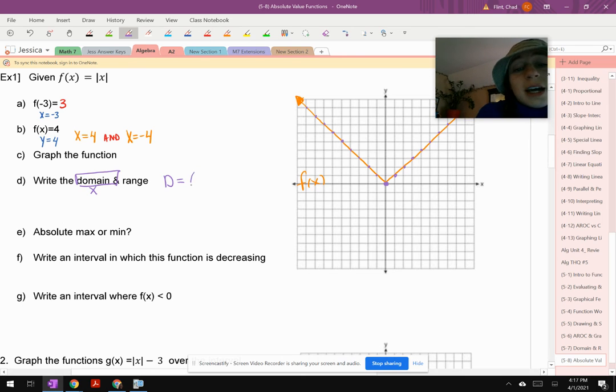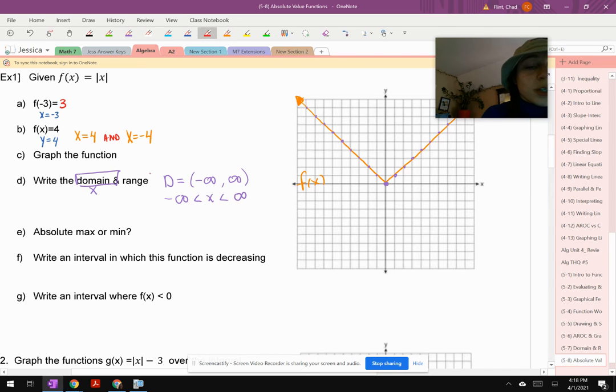So there's really not any x values that this graph won't eventually reach. So my domain is negative infinity all the way to positive infinity. Both of those being parentheses because they are not included, which is why I'm using just less thans and not or equal to's in the inequality notation.